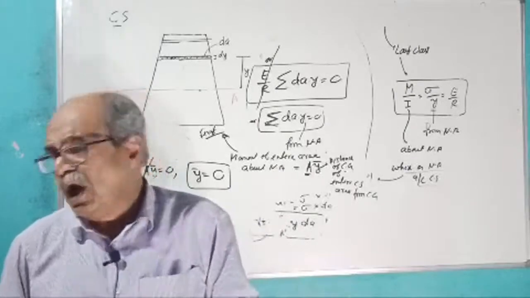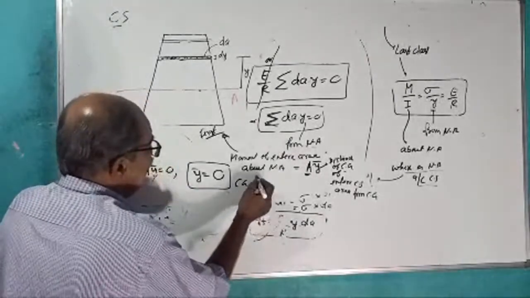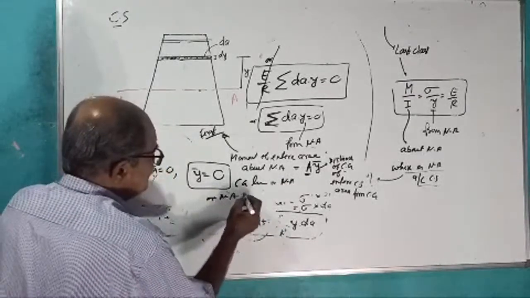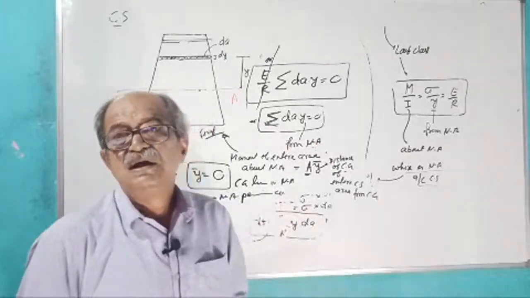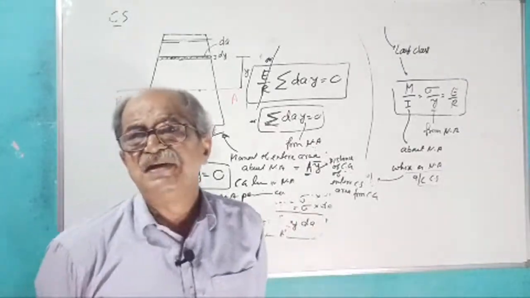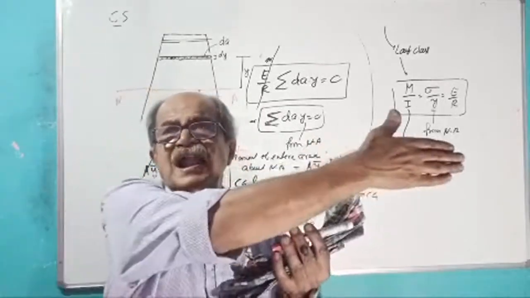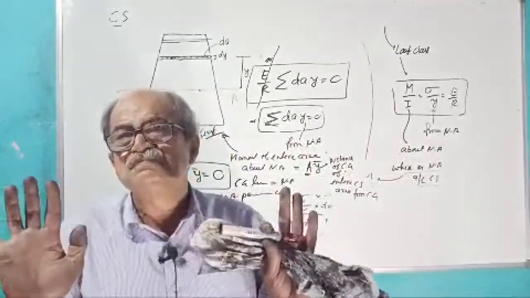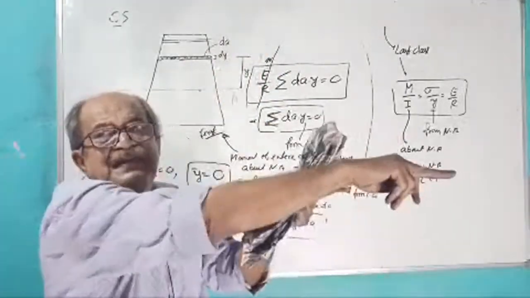It should be: center of gravity lies in neutral axis, or CG lies in neutral axis, or neutral axis passes through the centroid of the cross section. Therefore, neutral axis is also referred to as the centroidal axis, about which bending moment is M. About which, see, if the BM is this way, this is the axis.